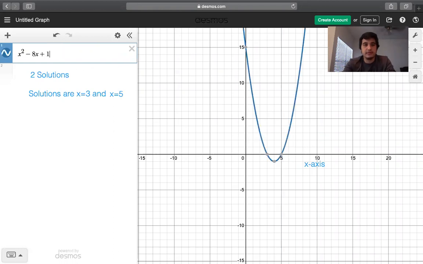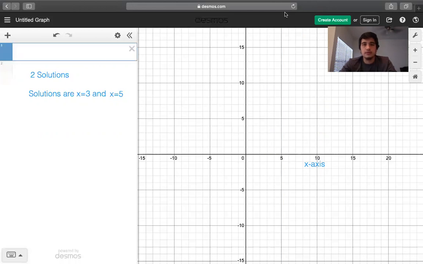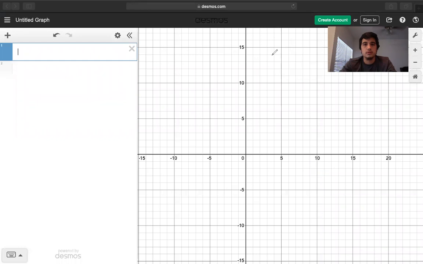But if you like seeing the curve of the parabola, I would just leave it like this, because it looks familiar from what we've been working with for the past month. But this is an easy way to check your answers. Just put equals 0, and if you get x equals 3, x equals 5, you know you did it right. Okay, I hope that makes sense. Let's get out of that one and go to another example. Rolling along.